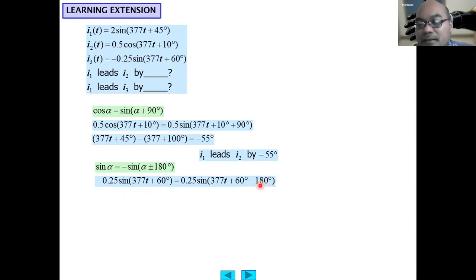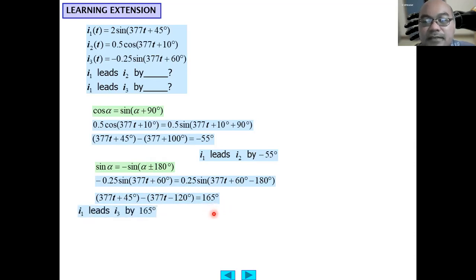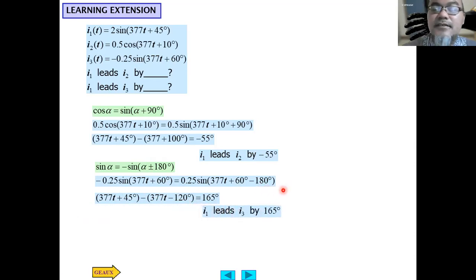We could also use plus 180 degrees, but then the phase angle will be larger than 180 degrees. The value of this is negative 120 degrees. So for I1 minus I3, the phase is 377t plus 45 degrees minus (377t minus 120 degrees). 377t cancel each other, 45 plus 120 equals 165 degrees. So I1 leads I3 by 165 degrees.